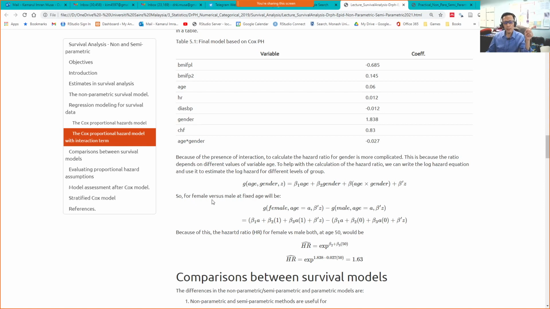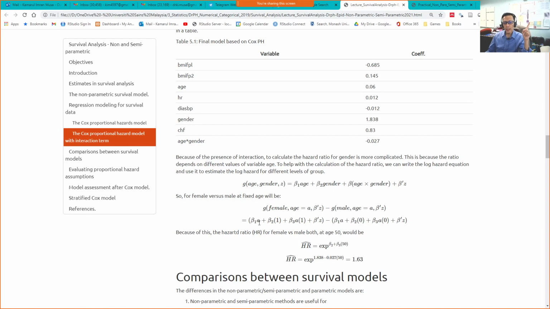So for female versus male, if female is 1, then the log hazard ratio G(female, age = A) minus G(male, age = A) with the same covariates.